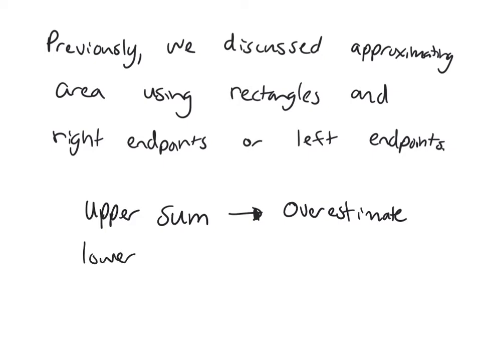And then the lower sum will again correspond to either the right or the left, but it's the one that will underestimate your area. It depends on the shape of your graph which one it is, but just remember when you say upper sum, you want to overestimate, and when you say lower sum, you want to underestimate.